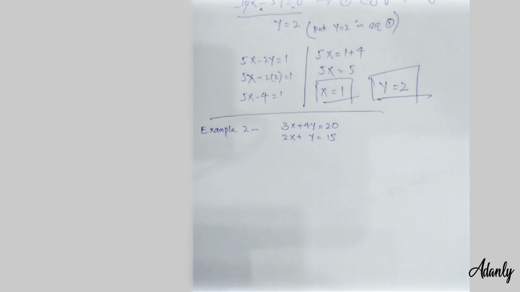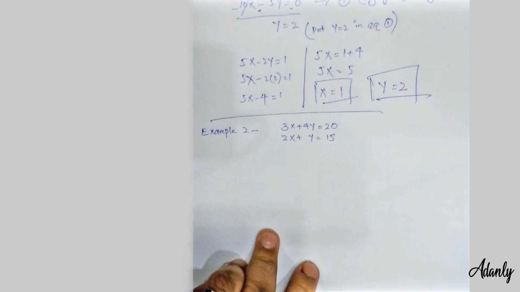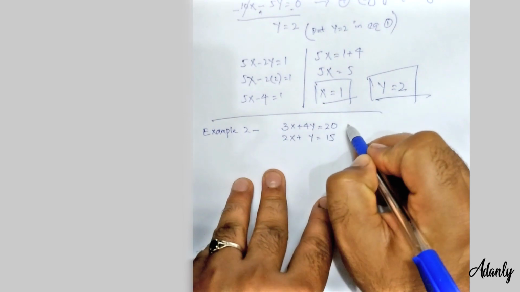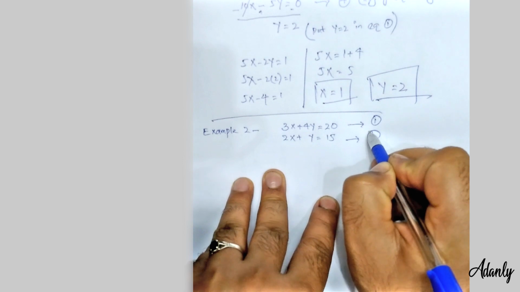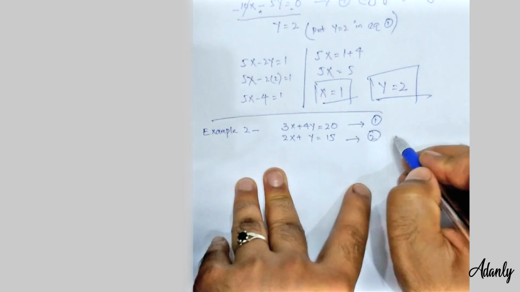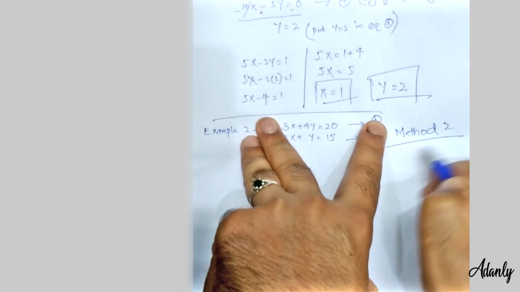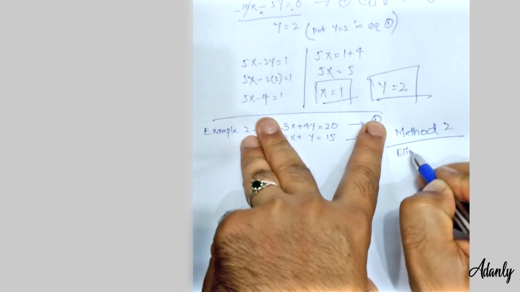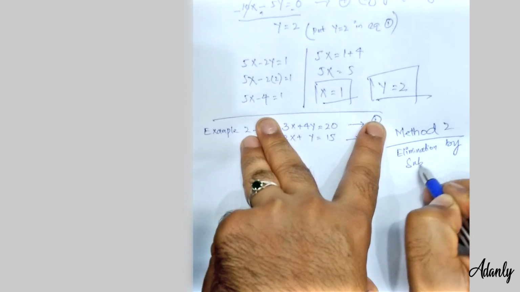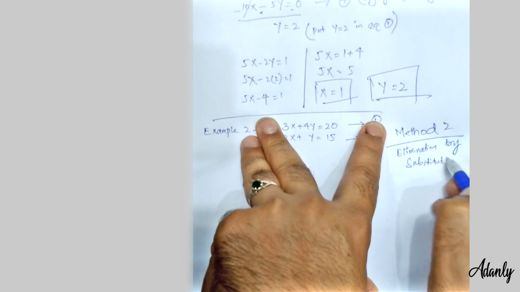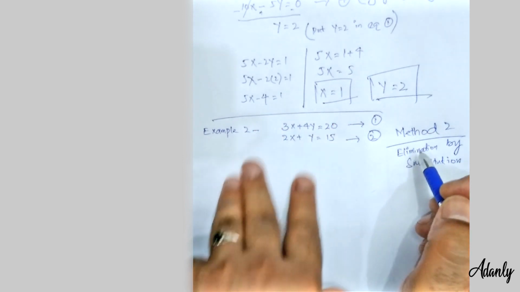Now we have another example: 3x plus 4y equals 20, and 2x plus y equals 15. Call the first equation number 1 and the second equation number 2. We will solve this by method 2, that is elimination by substitution; the first one was equating the coefficients, that was method 1.